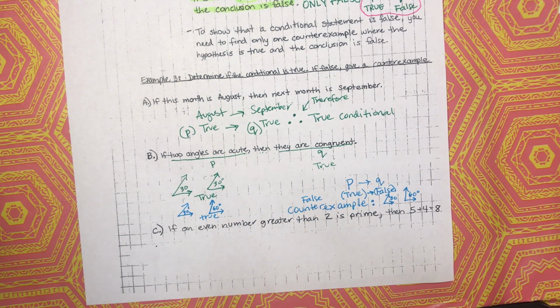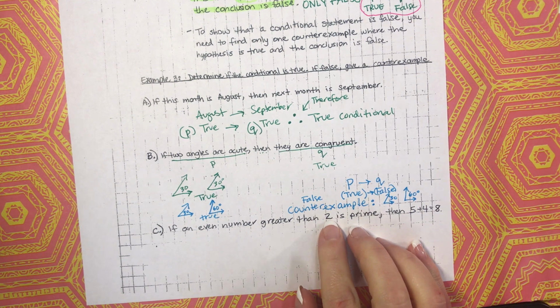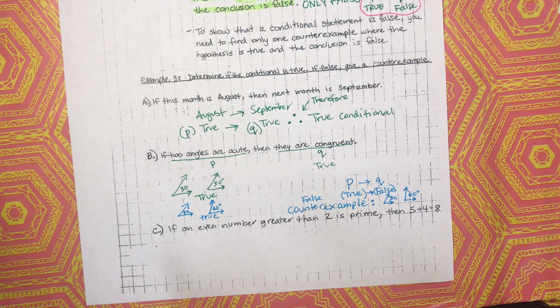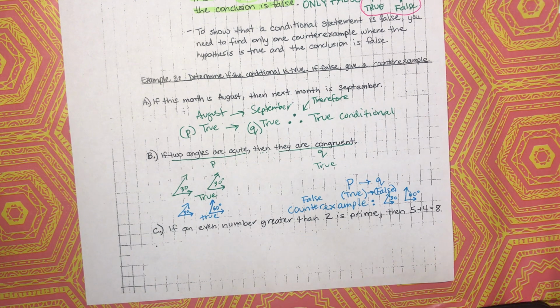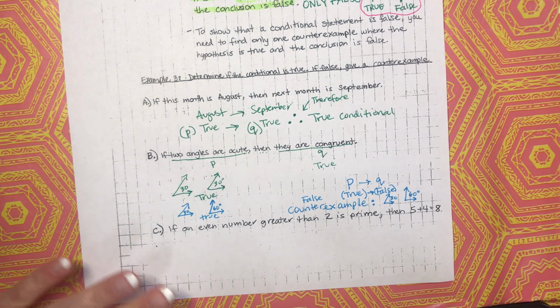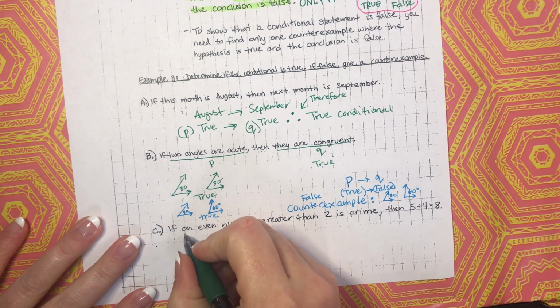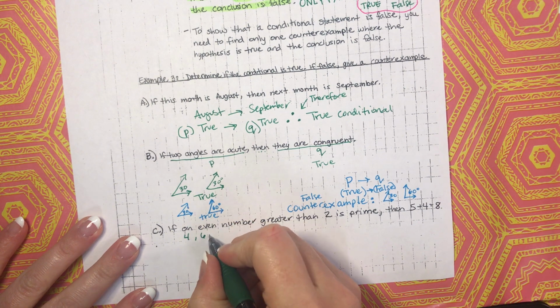Prime numbers are numbers whose only factors are 1 and itself. Like 2 is prime because no other number goes evenly into 2. The only numbers that go evenly into 2 are 1 and 2, right? So it's saying other even numbers, like 4, 6, 8.